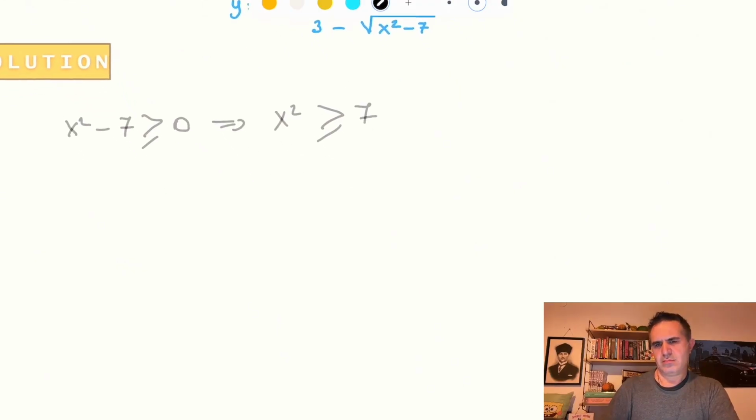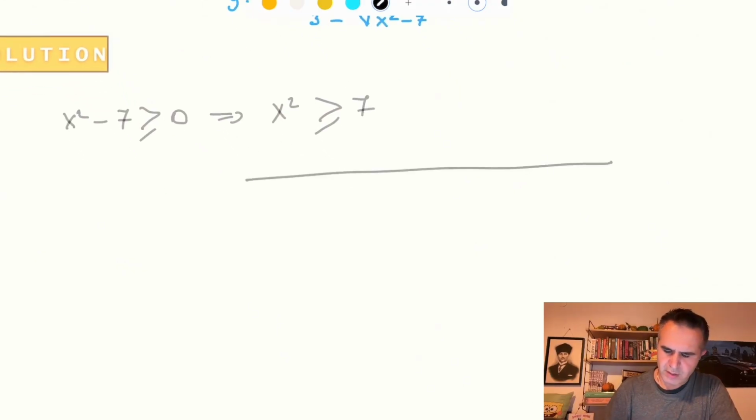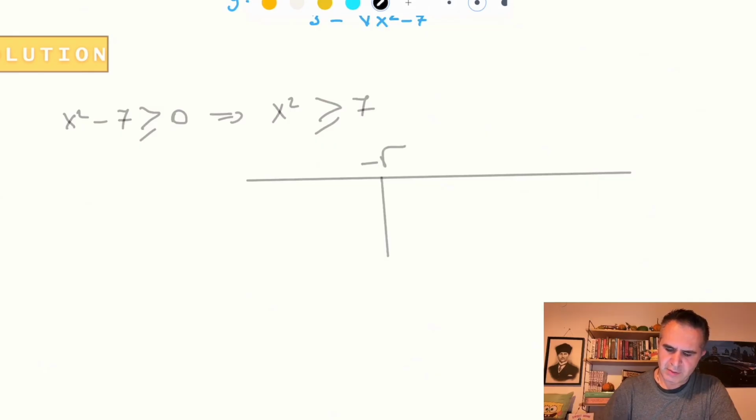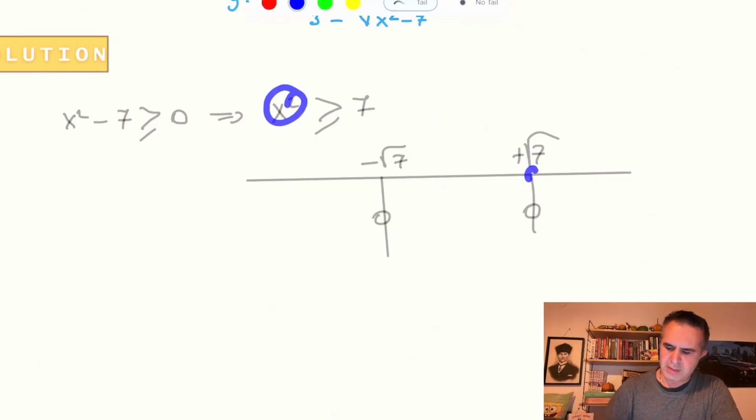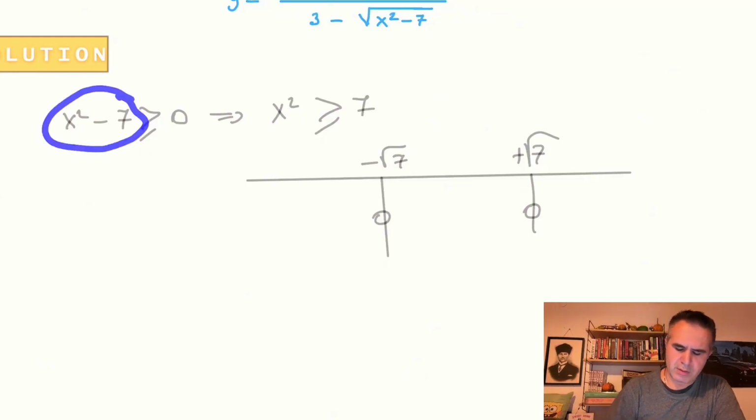Then if we make a chart here, this is minus square root of 7, this is plus square root of 7, 0, 0. Here x squared minus 7 is 0, here also 0.